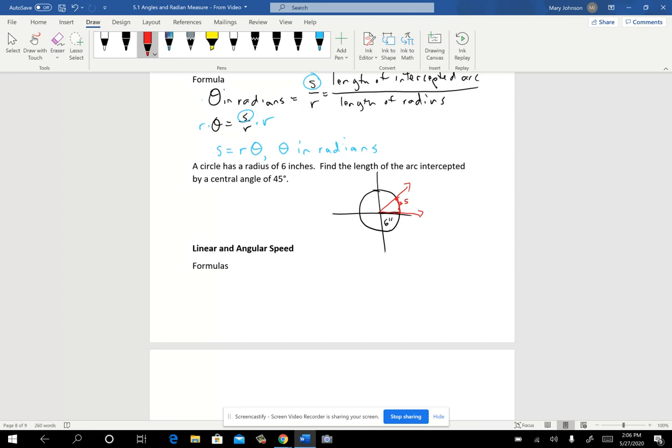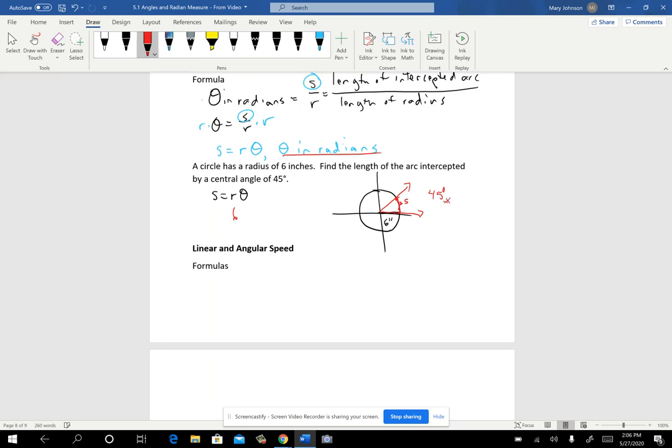All right, so we want to use the formula. We know the formula is S equals R theta. And we know the radius is 6, so we can put that in. The thing is, when we go to put in the theta, we need theta in radians. So we're going to take 45 degrees and change it into radians.